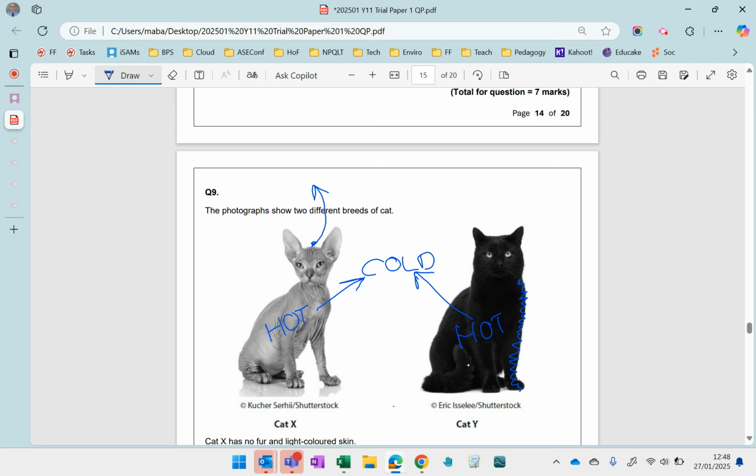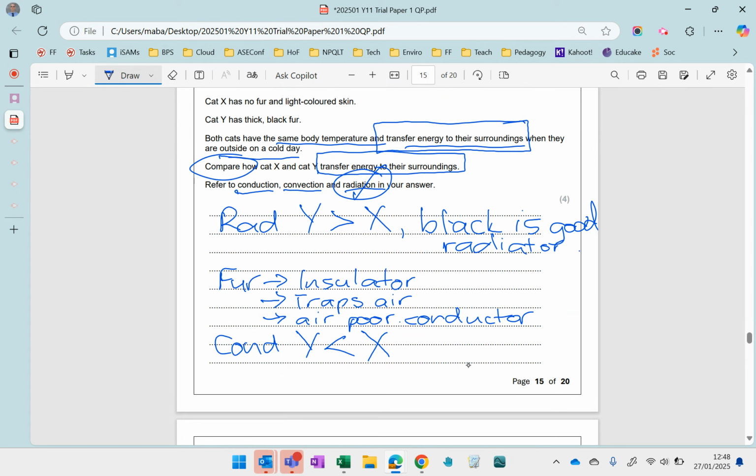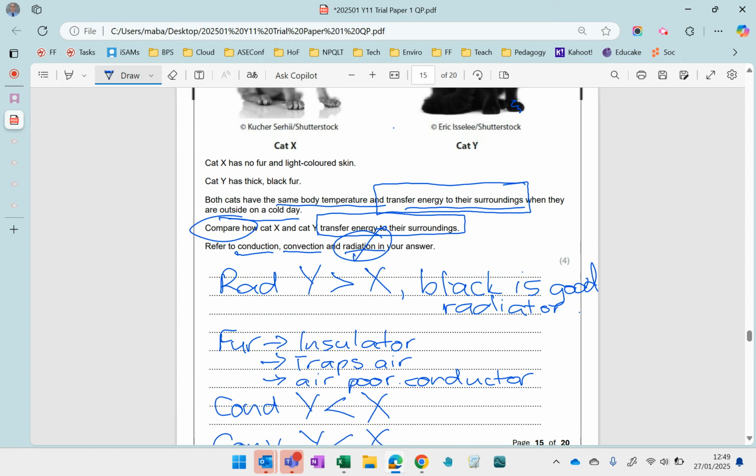But you can see, like in the black cat, the air is going to get heated up, but then the convection cone gets broken because these tiny air pockets are all part of this mat of fur. Because the air pockets are so small, we get reduced convection. So that means that the convection in cat Y is less than the convection in cat X.